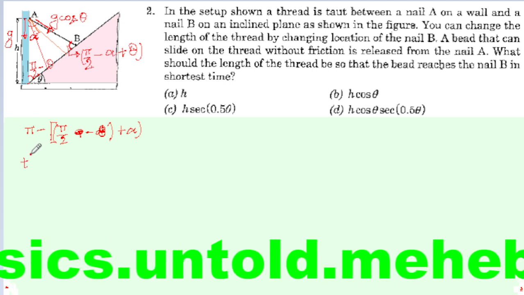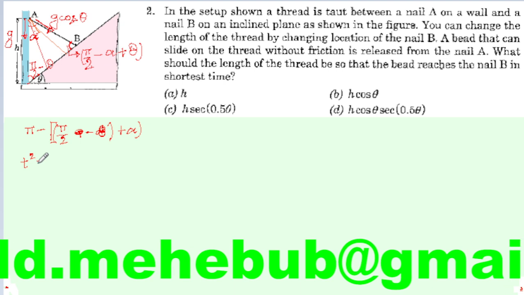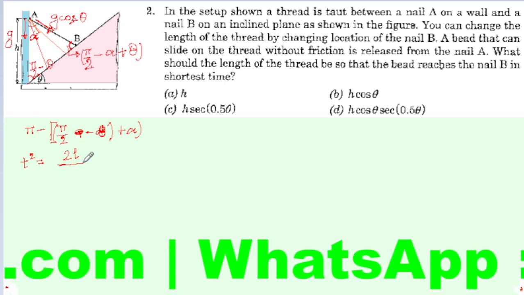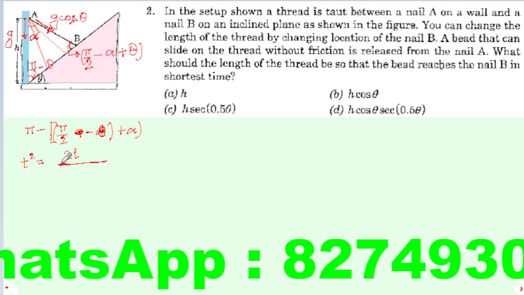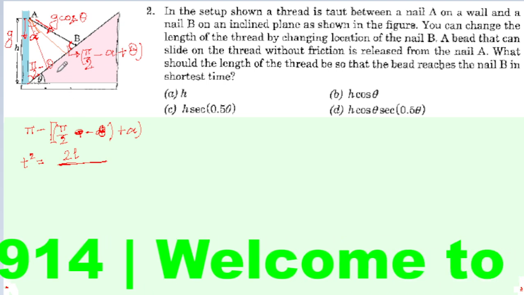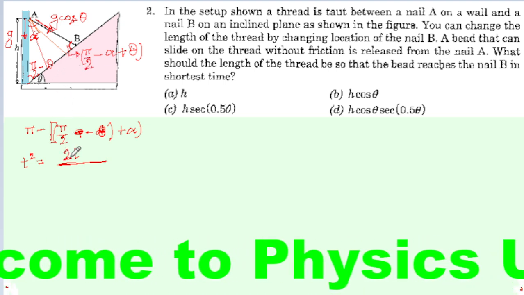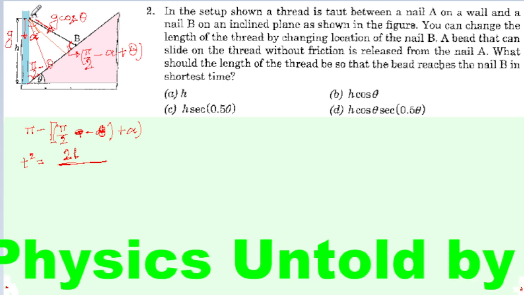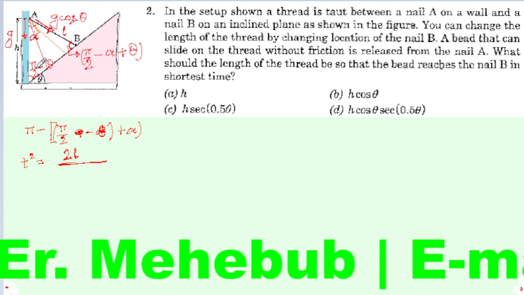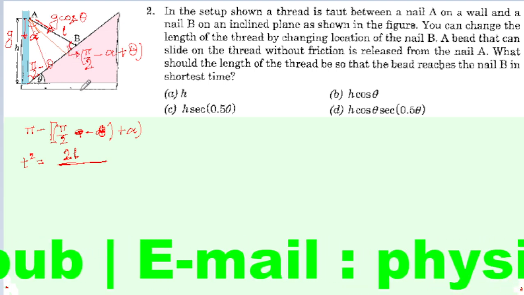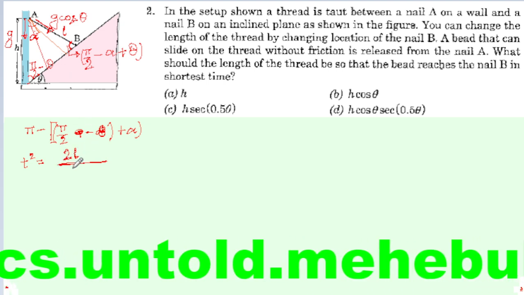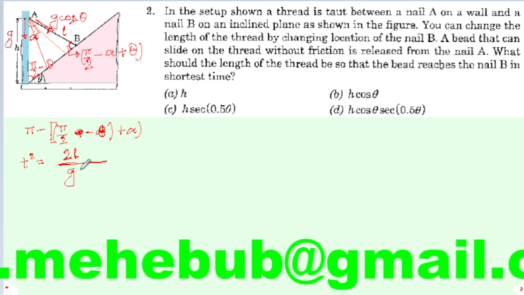As we know from kinematics, t square equals 2L divided by the effective component of acceleration along the length of the string or path. Let this length of the path be L, and the component of the acceleration acting along the path of the string is g cos alpha.